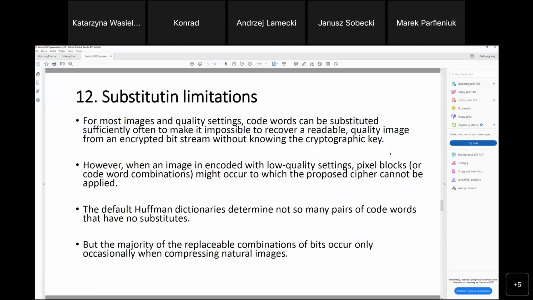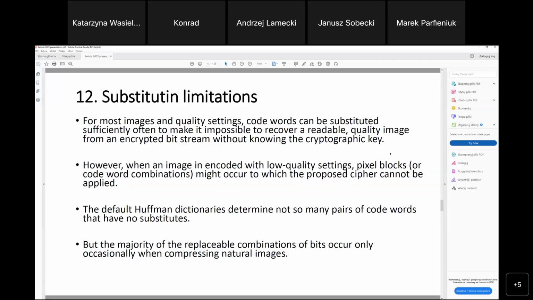Such substitution is constrained by some limitations. For most images and for most JPEG quality settings, code words can be substituted sufficiently often so that it's impossible to recover a readable quality image without knowing the cryptographic key. However, when an image is encoded with raw quality settings, some pixel blocks, or equivalently code word combinations, might occur to which the proposed cipher cannot be applied.